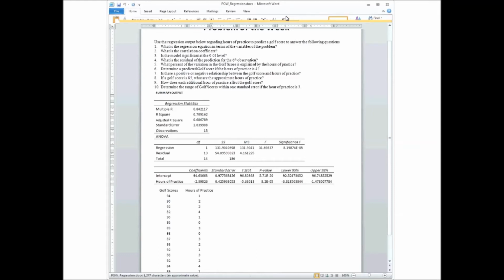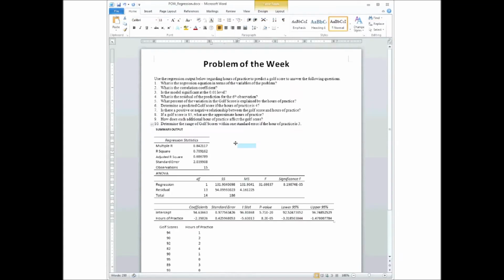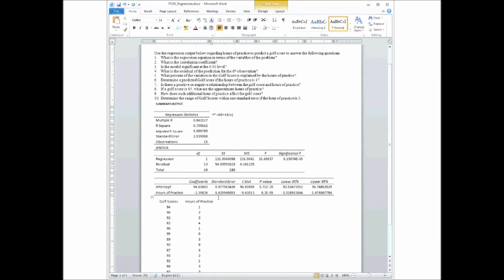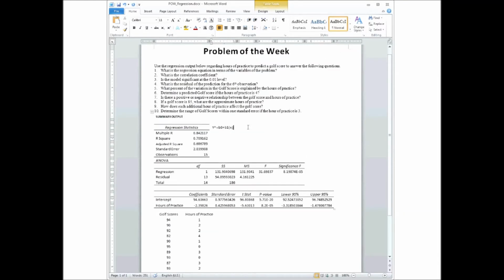Y hat is equal to B0 plus B1 times X. This is your linear regression equation, where y hat is your predicted value, not your actual value. The actual values are your golf scores. Your predicted golf scores are your y hat.